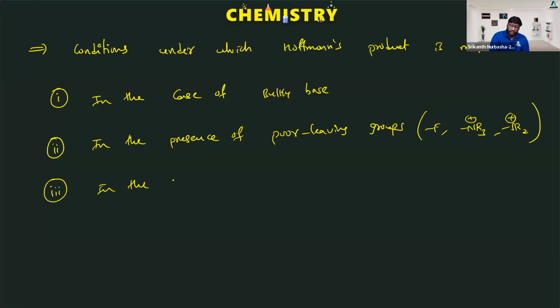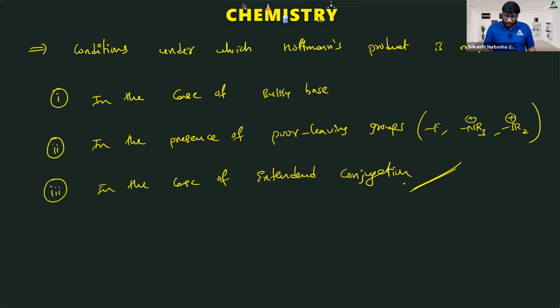And third, in the case of extended conjugation. I have just given the names as of now: bulky base, poor leaving group, extended conjugation. I'll discuss these points in the next class with examples.